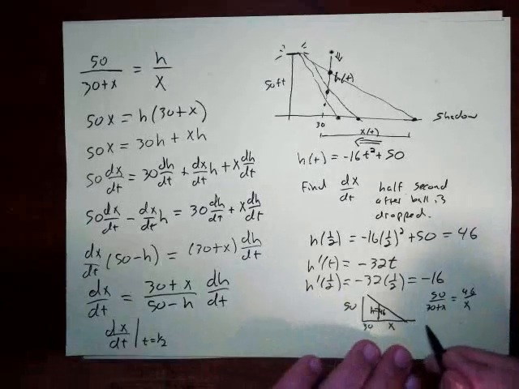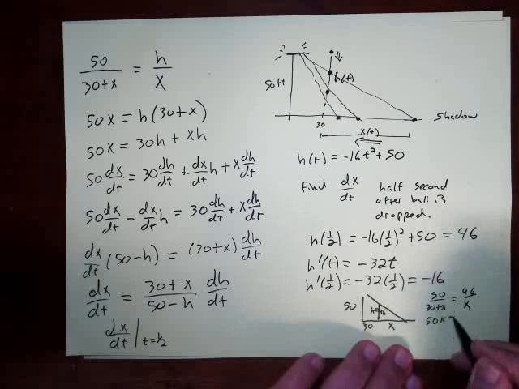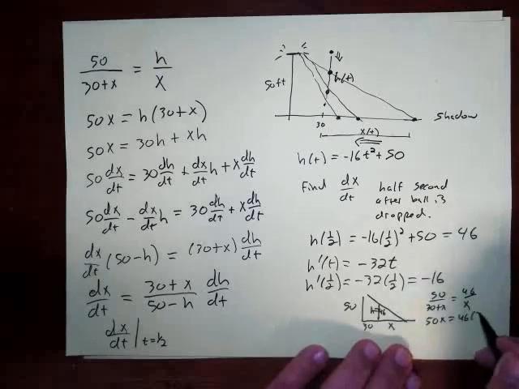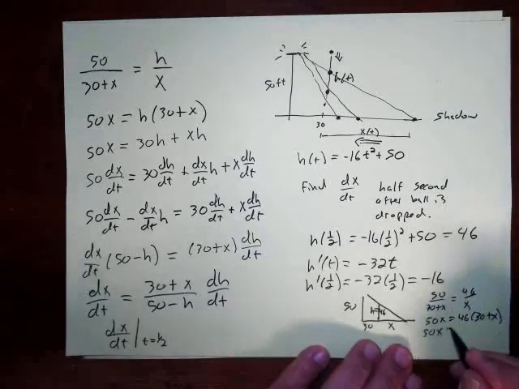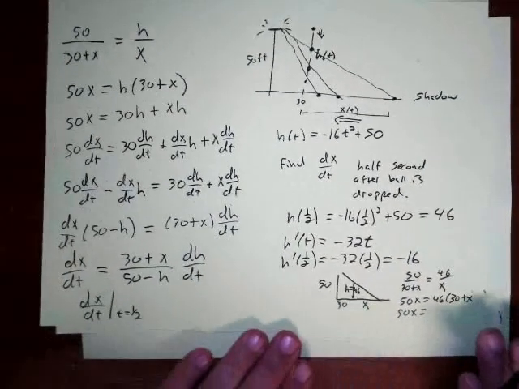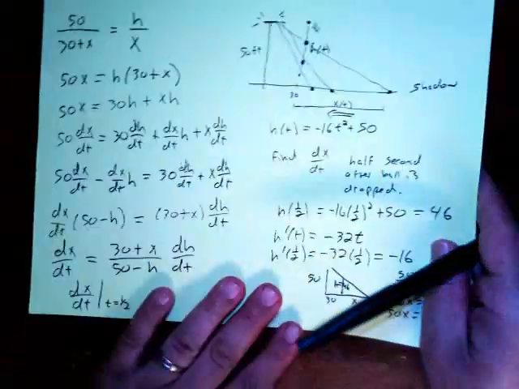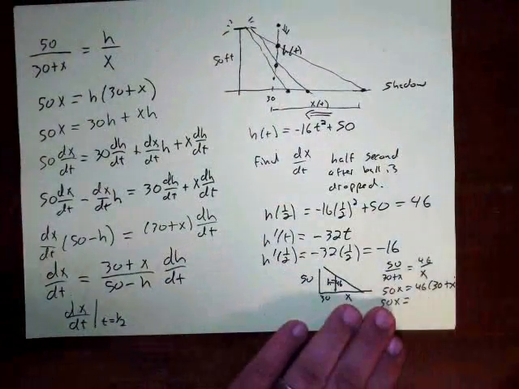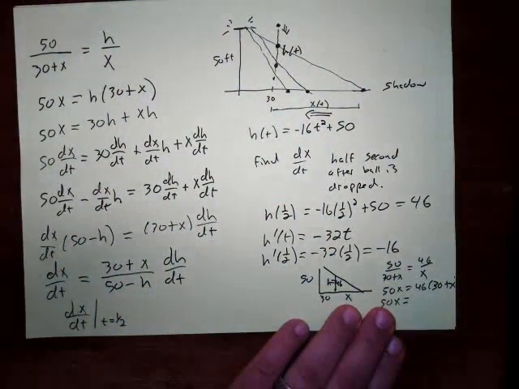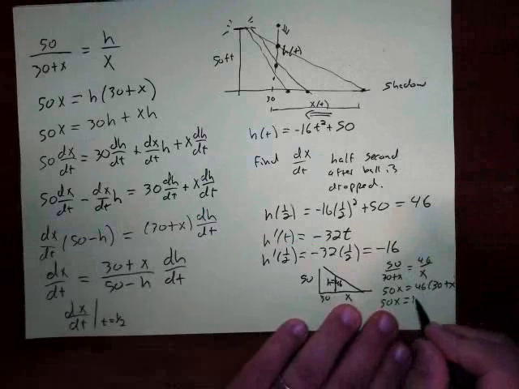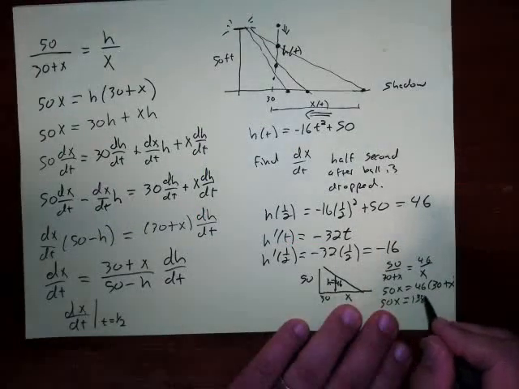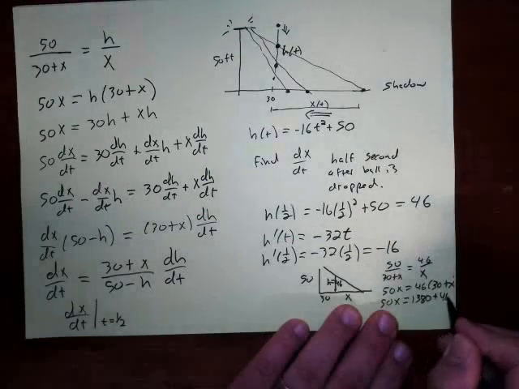And so then I need to solve this. So I have 50x is equal to 46 times 30 plus x. So I get 50x is equal to, and I'm trying to just squeeze it in down there in the corner, 46 times 30, which is 1,380, and then this would be plus 46x.